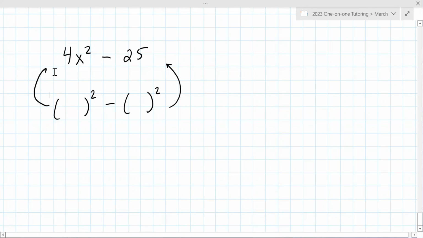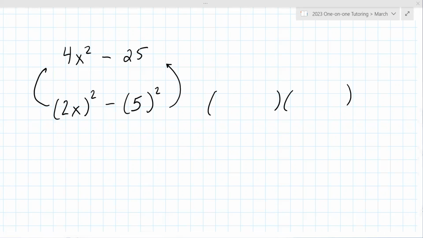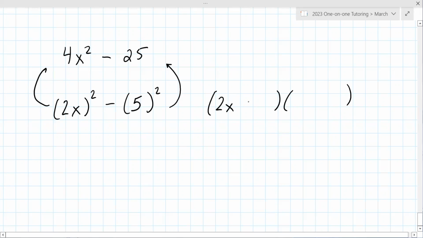What is the square root of 4? 2, and then the x, and then the 25. 5. Yes. So now this becomes the 2x minus the 5, the 2x plus the 5. The whole point of rewriting it is to get the a and the b. The a or the b could be more than one thing. It's not always just a number or just a letter, it could be a mixture.